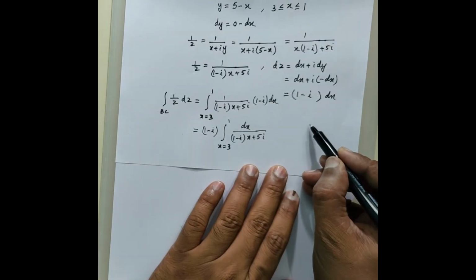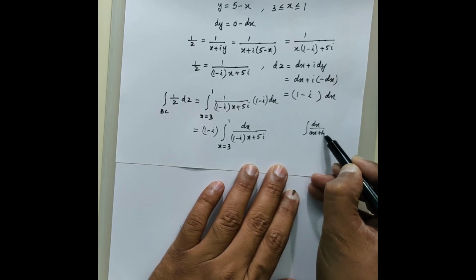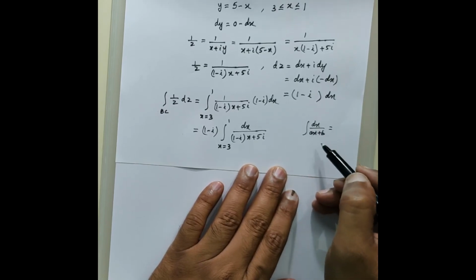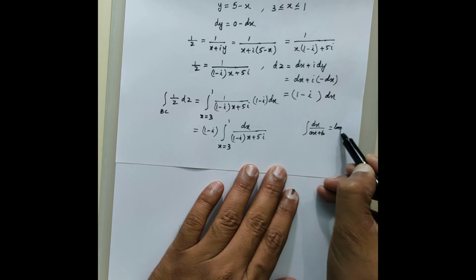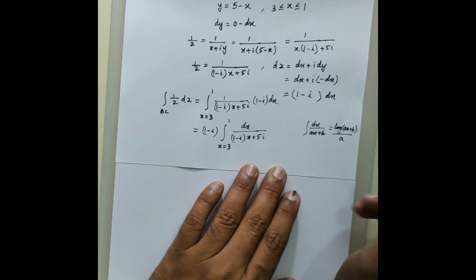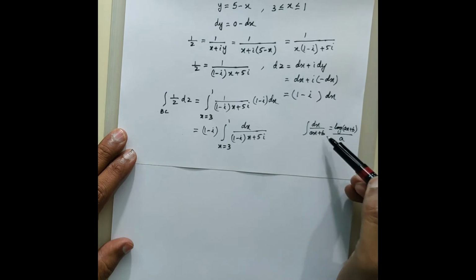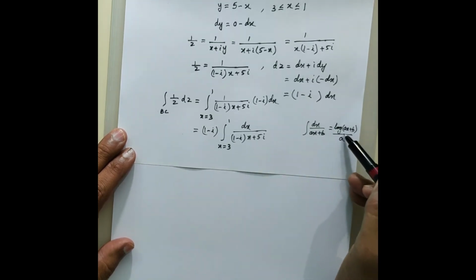So we know the standard formula: integral of dx by (ax plus b). The formula will be log of (ax plus b) divided by the coefficient of x, which is a. So dx by (ax plus b) will be log of (ax plus b) divided by a. So you can use that formula here.